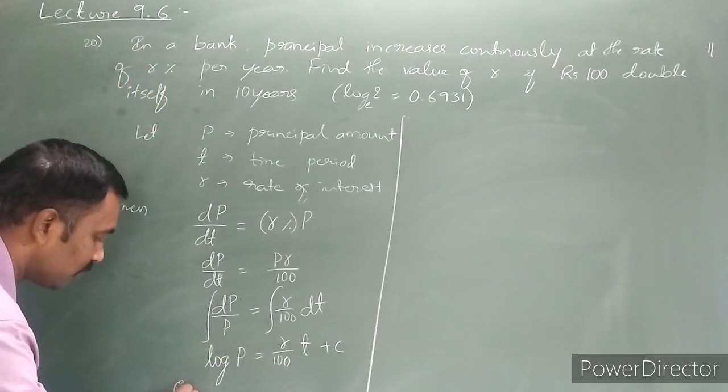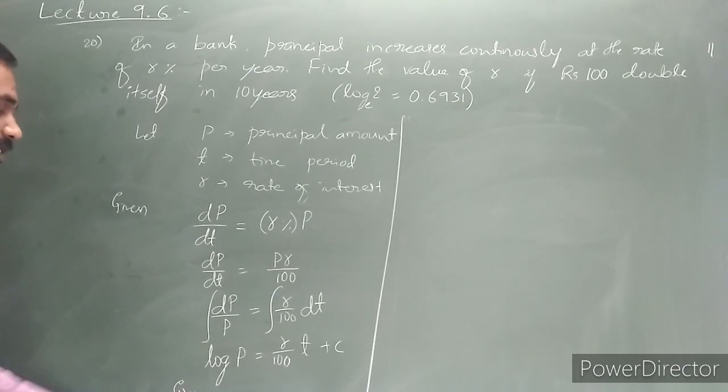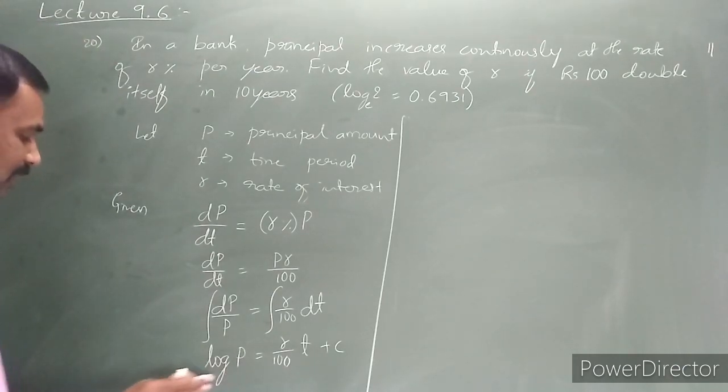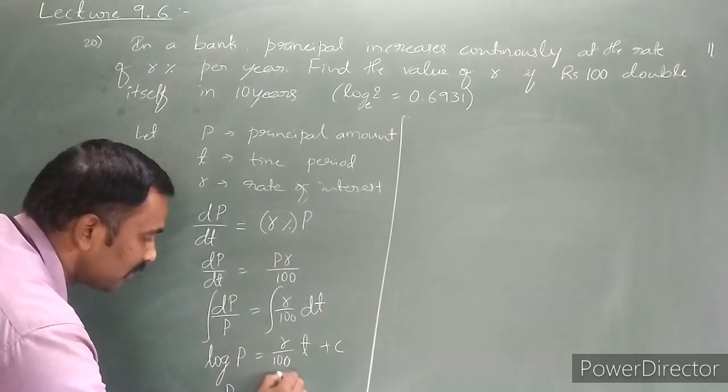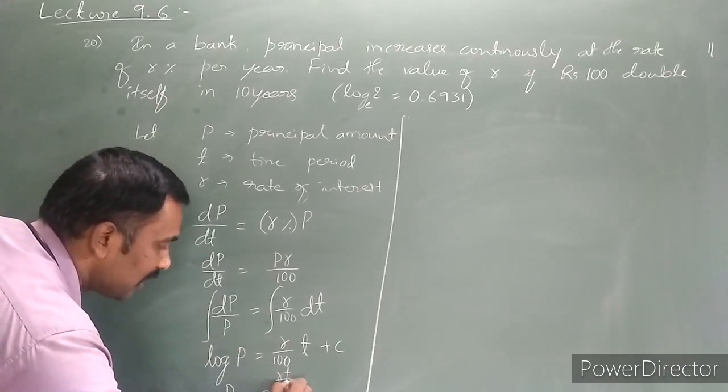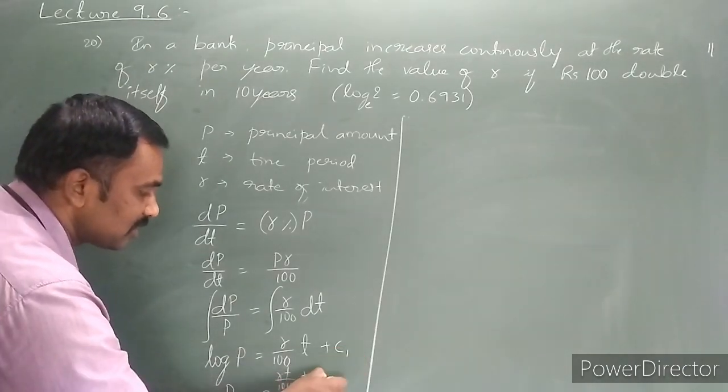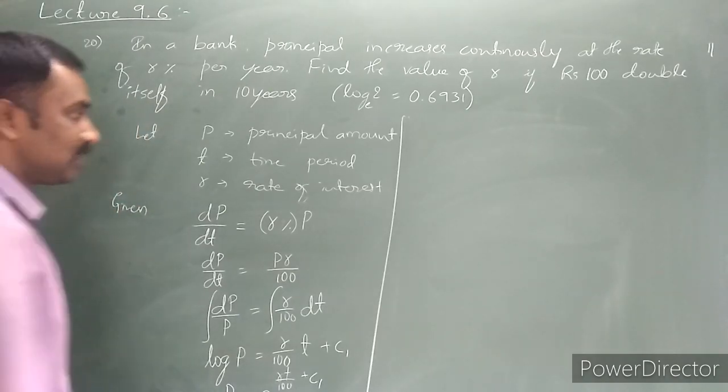We can write this in another manner. We can write P is equal to how much? e power (rt divided by 100 plus c). Instead of c, I write c1.